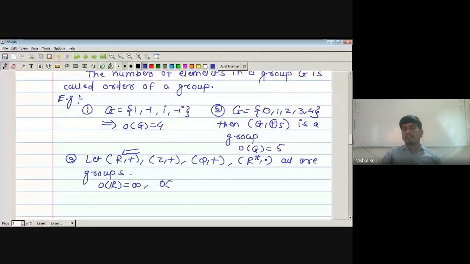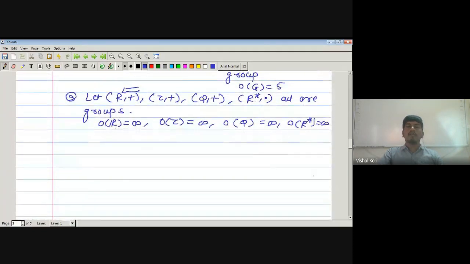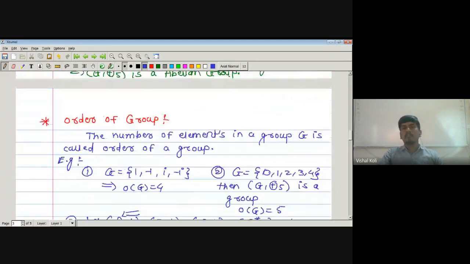Similarly, the order of group Z is infinity. The order of group Q with respect to addition is also infinity, and the order of group R star, the set which contains all the non-zero elements, is again infinite. If the set contains an infinite number of elements and it is a group with respect to the given binary operation, then its order will be infinite, since the order of a group is nothing but the number of elements in that group G, that is set G.